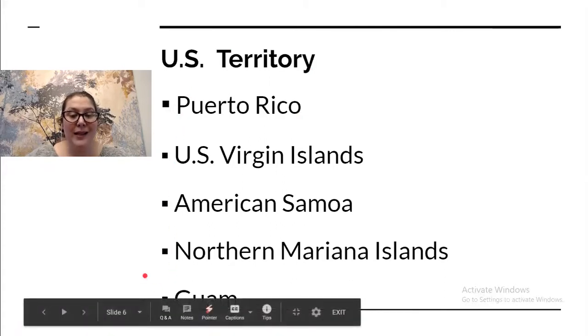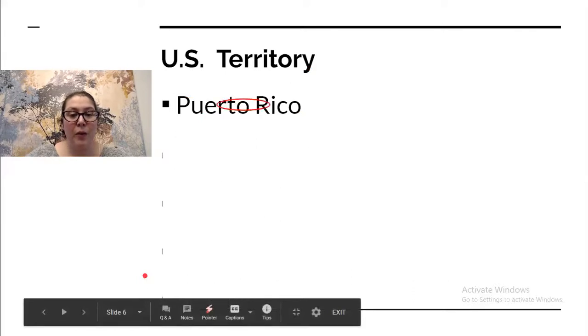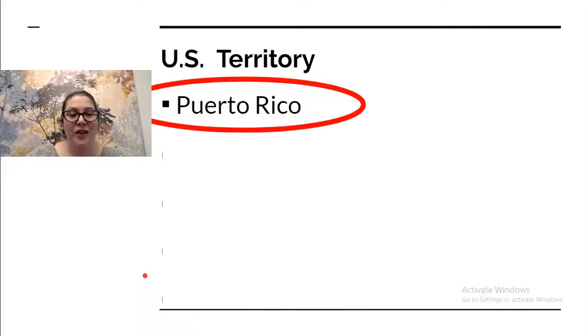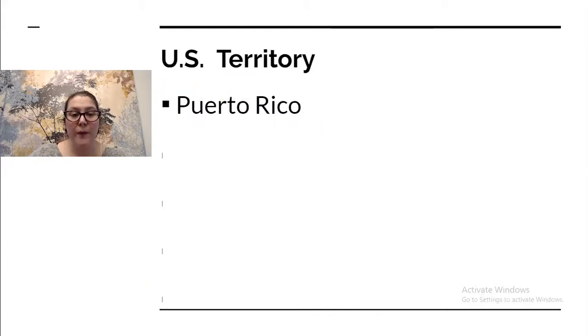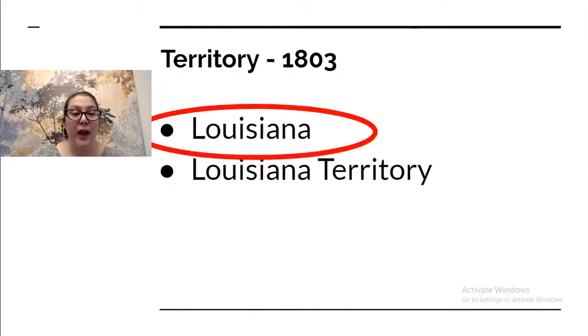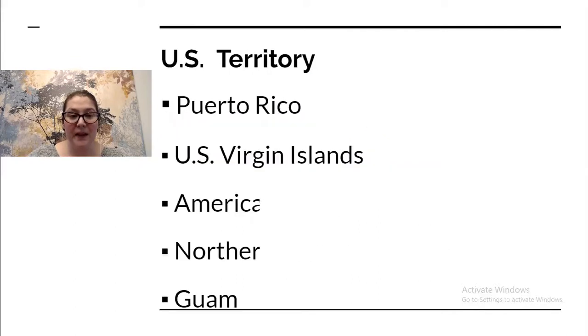Okay, for me, it's easy to remember Puerto Rico. So name one U.S. territory, Puerto Rico. This is different than what territory did the United States buy from France in 1803? Louisiana is now a state. In 1803, it was a territory. All right.